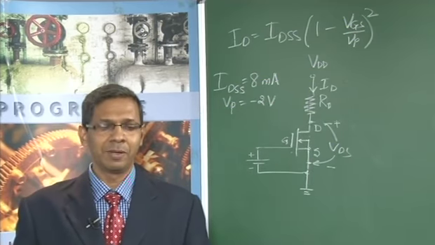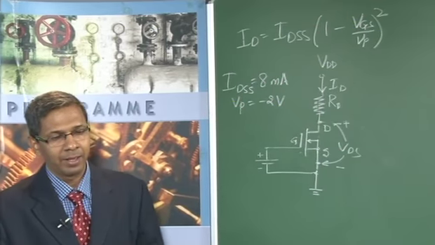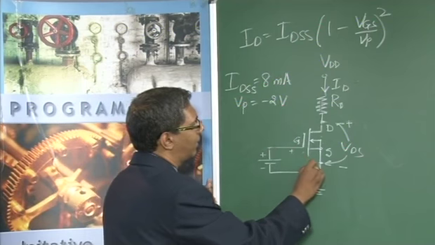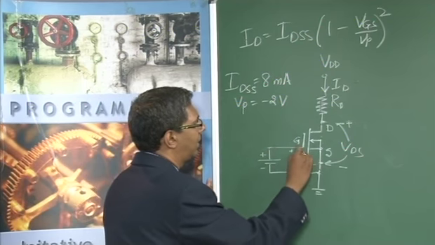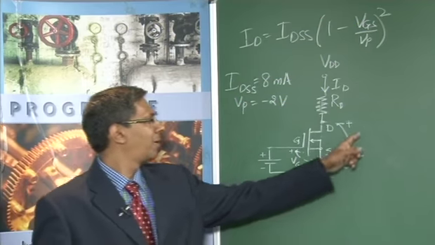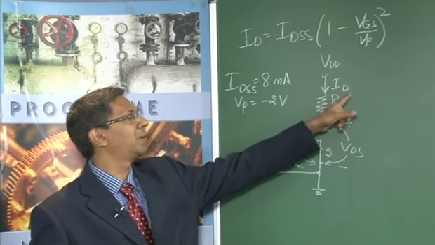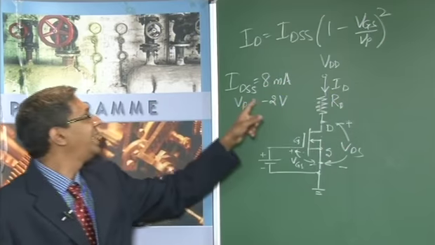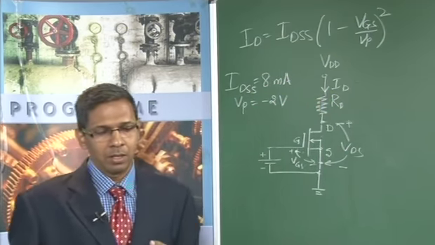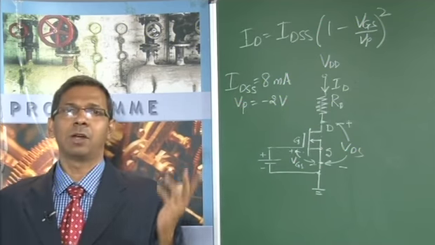Now we have to determine the gate to source voltage, VGS, which is the voltage between gate and source. We also have to find VDS and ID. Remember, IDSS is given, but ID is not given. If everything is unknown, it becomes very difficult.